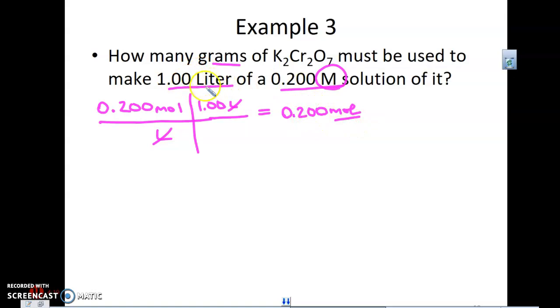But just make sure it's liters, not milliliters. But once you have liters, multiply, you'll get that. And then at that point, all you have to do is convert back to grams, whatever that moles is. Okay, so take a second here and find out what that weighs.